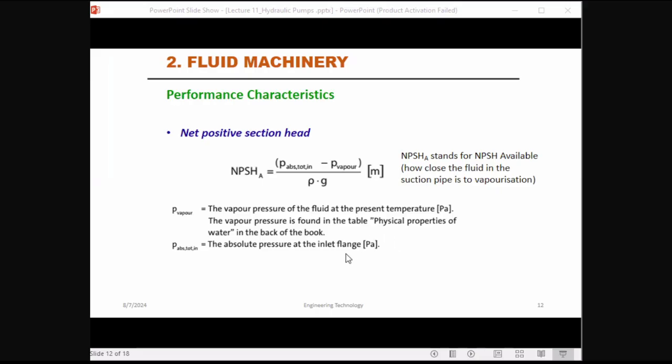You need to use Pascal to measure this absolute pressure. P vapor means the vapor pressure of the fluid at the present temperature in Pascals. Rho means density of the fluid. G means the acceleration due to gravity.